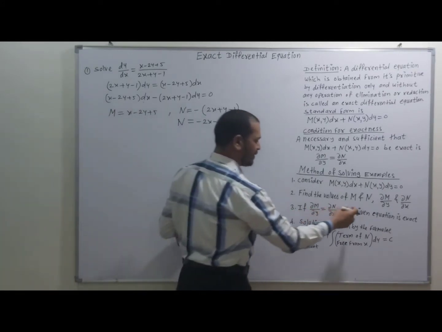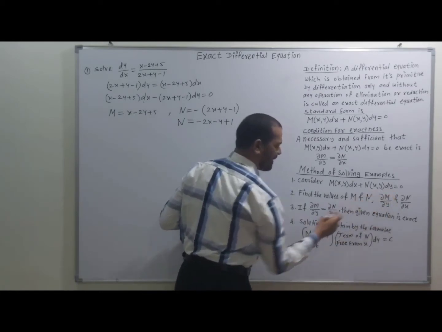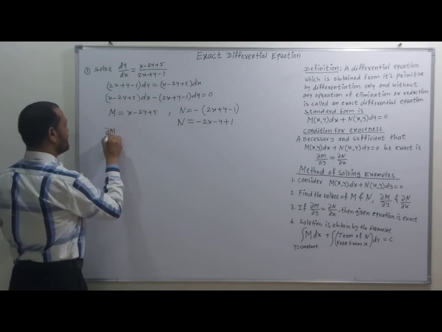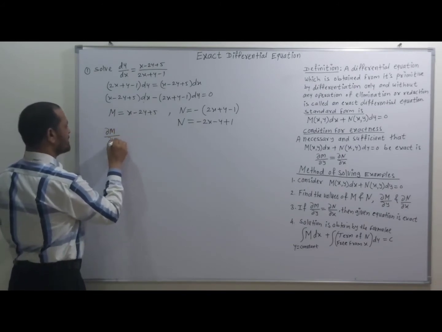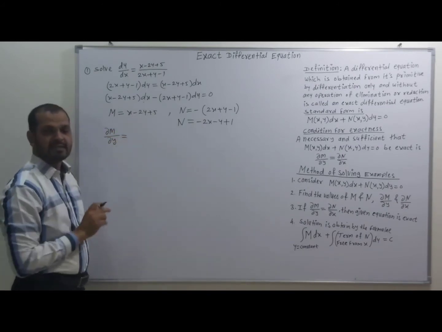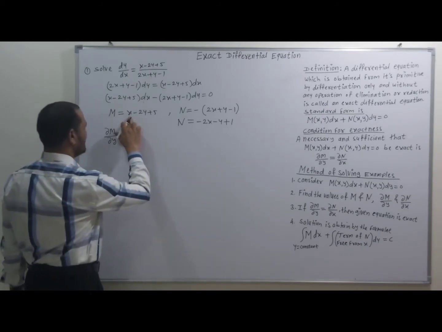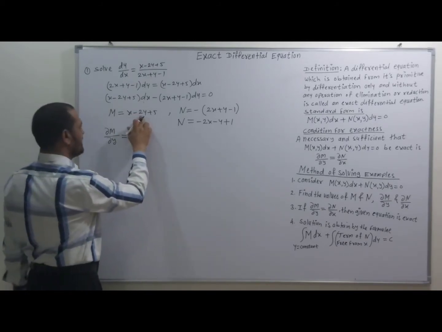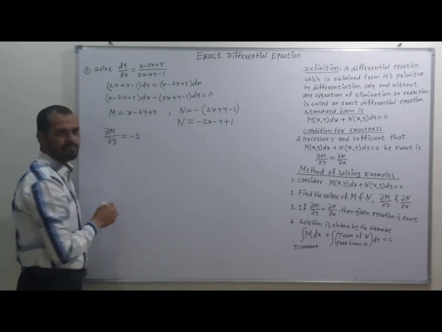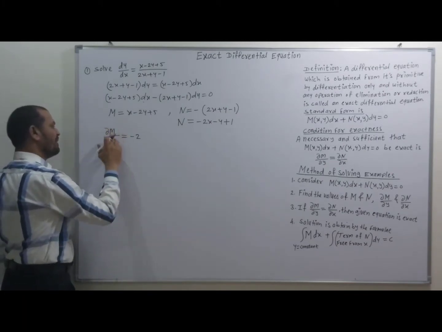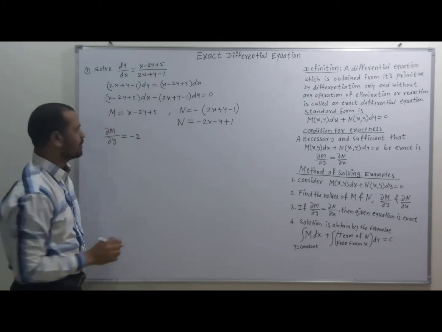According to step number 2, find the partial derivative of M with respect to y. In this case, the value of x is constant, so its derivative is 0, then the partial derivative of -2y is -2, and 5 is constant. That means the partial derivative of M with respect to y is -2.